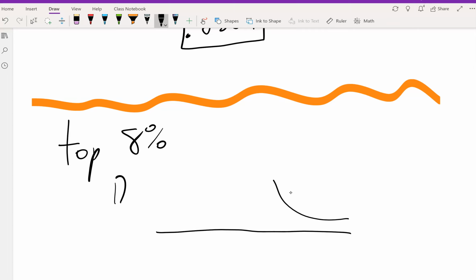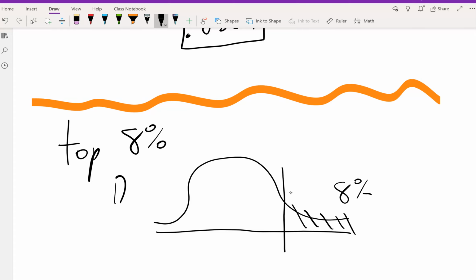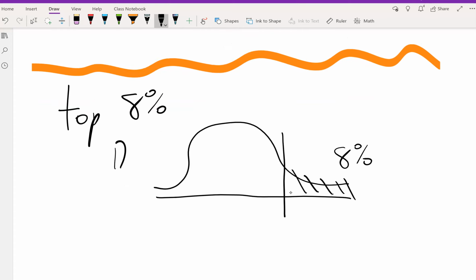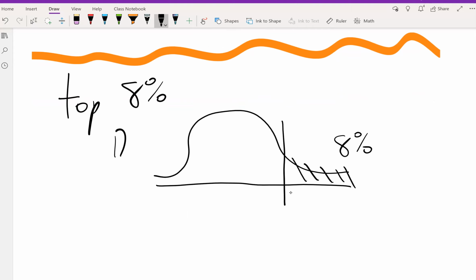What that means is I really have this bar. And if it's the top 8%, 8% of the world is above me. That's all it really means. I am so high in this chart that only 8% of the world is better than me. Or I am in the top 8%, and that's where I fall. And what would be cool is if I could find the z-value, the bar that represents that.